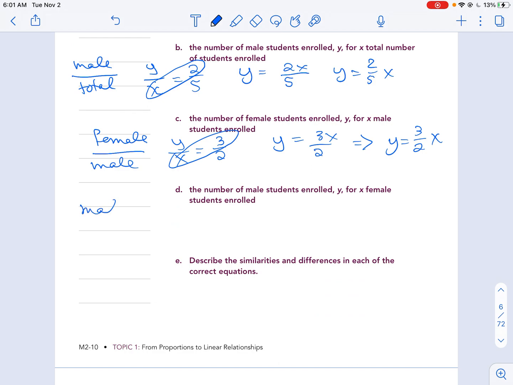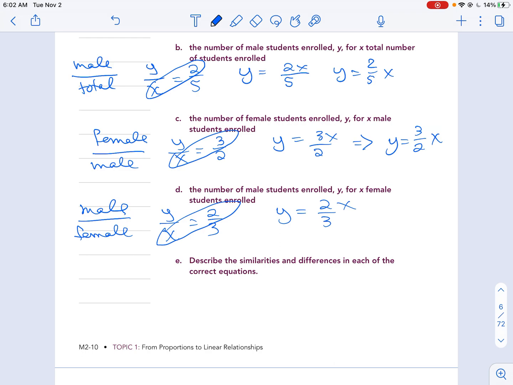This one's male to female, and that's y to x. Y to x equals male is 2, female is 3. So if I multiply this to the other side, I get y equals 2x over 3.